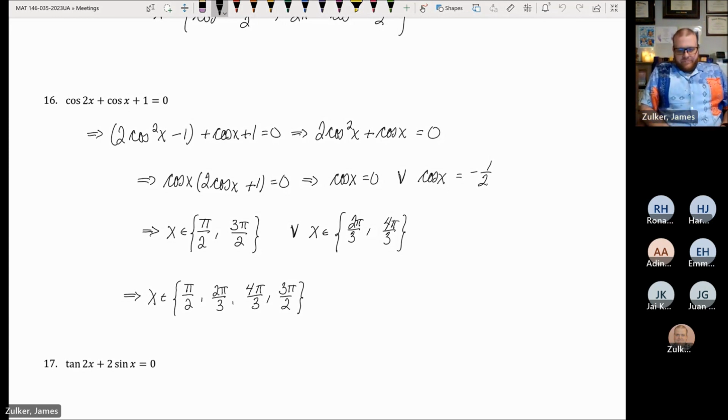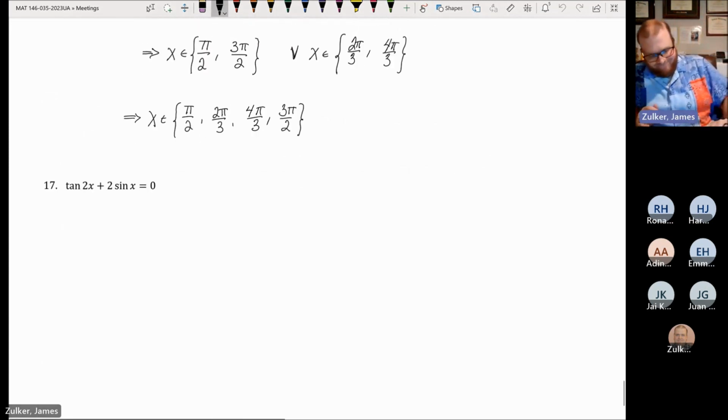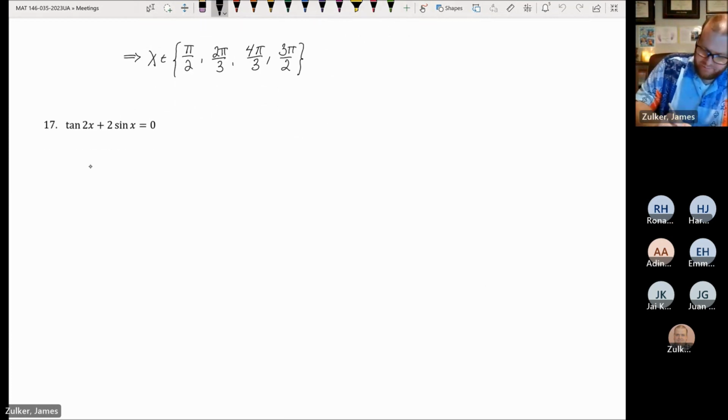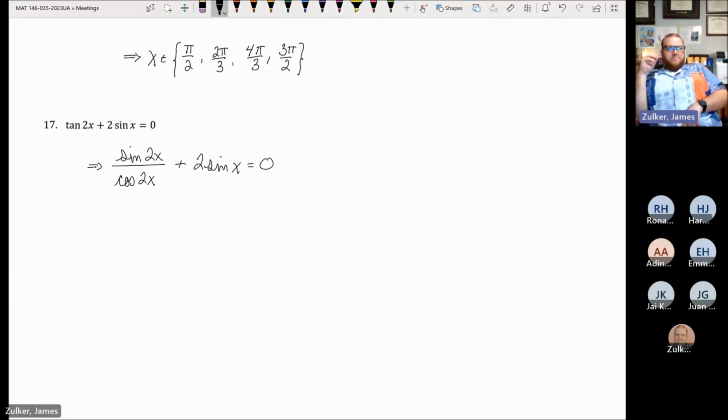Okay. This one is going to be a bit of a pain. All right, let's write tangent in terms of sine and cosine.